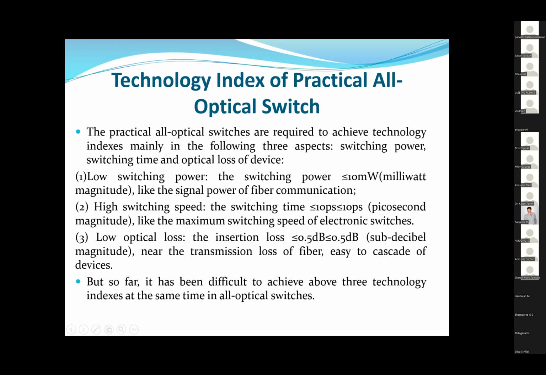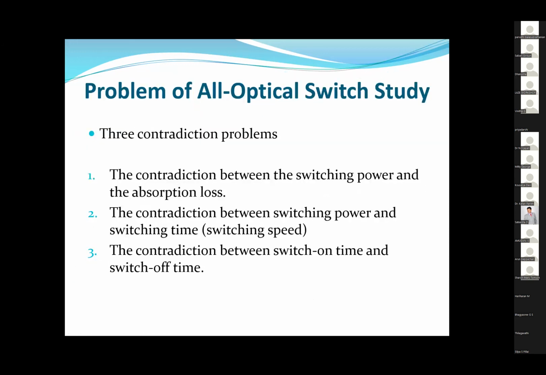We need high switching speed, a switching time of less than 10 picoseconds, like the maximum switching speed of electronic switches, and low optical loss, less than or equal to 0.5 decibels. But let me tell you, so far, it has been very difficult to achieve all these three technology indexes at the same time in all optical switches.